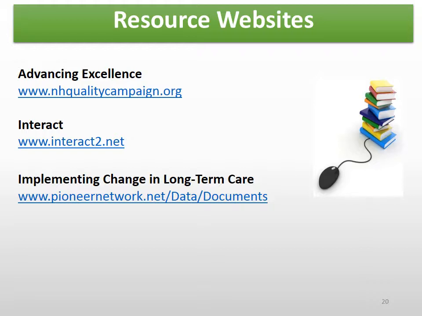Next, we have Implementing Change in Long-Term Care. This is designed by the Pioneer Network to assist organizations and the staff who work there to implement changes that will improve quality of care. Whether you're contemplating a comprehensive organization-wide culture change or implementing a best practice protocol in a single clinical area, knowing something about how to implement and manage change will help you achieve your goal.